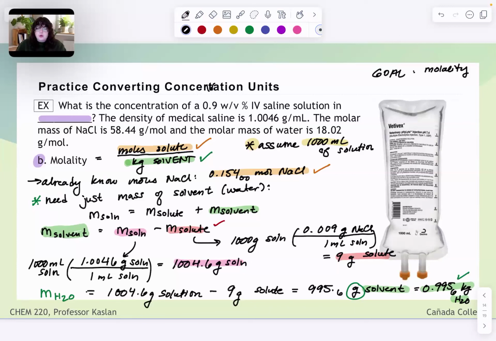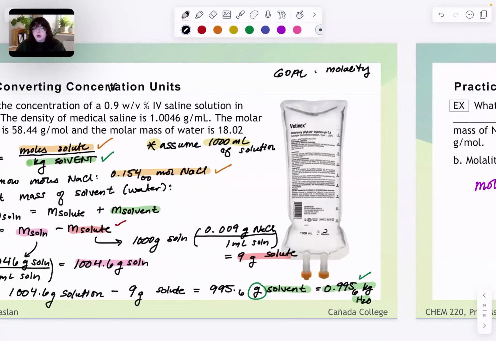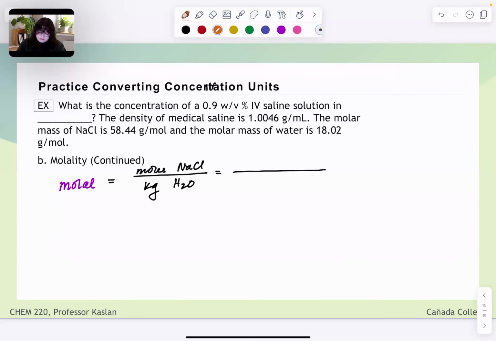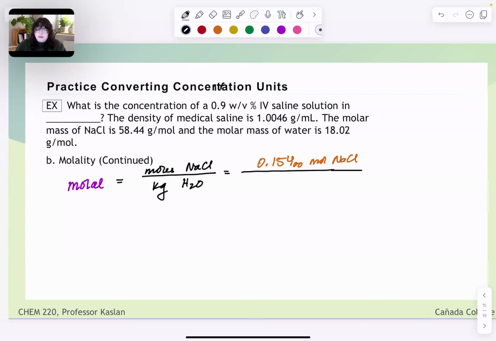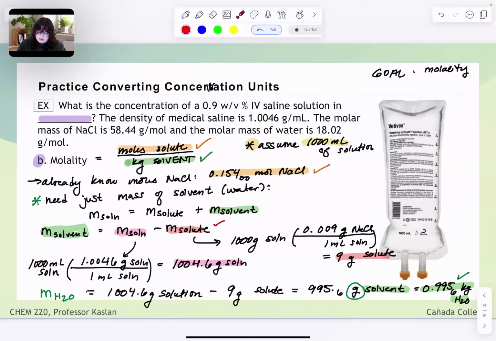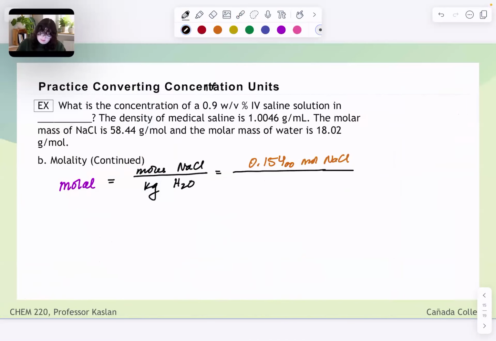So we knew in our assumed 1,000 mL sample of saline, there were 0.154 moles of sodium chloride. And then from our work determining our mass of solvent in kilograms, that was 0.9956, carrying all digits, not rounding preemptively, kilograms of H2O.